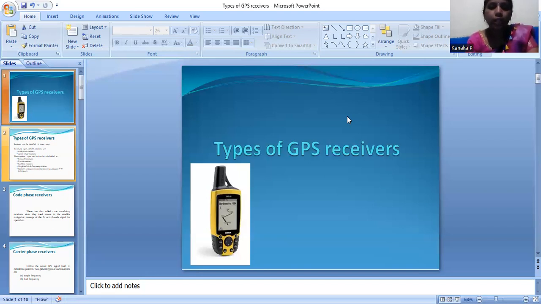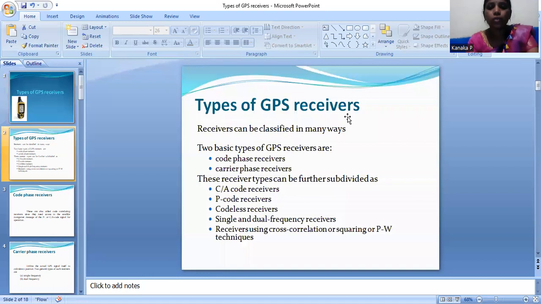So next topic is types of GPS receivers. Receivers can be classified in many ways.